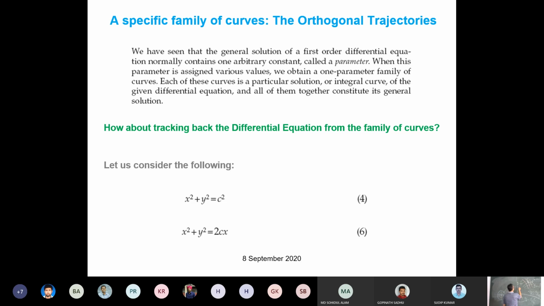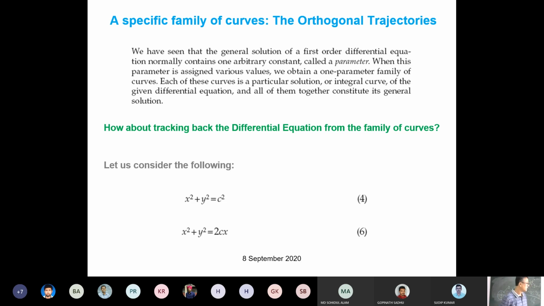Or from here I can write that -dx/dy equal to f of x, y. So what does that tell you? If I substitute in the differential equation of the green family of curves, dy/dx equal to f of x, y, with f of x, y equal to -dx/dy, it is going to give me the orthogonal trajectories.